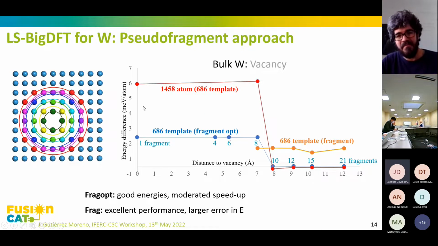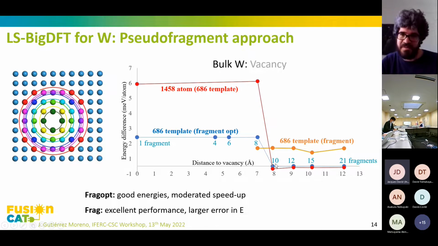In this case, of course, if the number of fragments is not nicely defined, you get inaccurate results. But if you use a number of fragments that is converged, like above 10 fragments, which is around 8 angstrom distance from the vacancy, then the errors are very, very low.